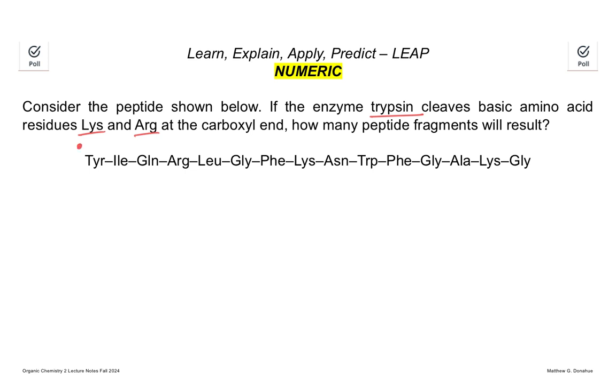So we're starting here, reading. We hit arg, so we're going to cleave there. That's going to be 1. We hit lysine, cleave there. That's 2. We're reading, and we're going to cleave there. That's 3. And then the glycine itself is 4. So those are 4 fragments.